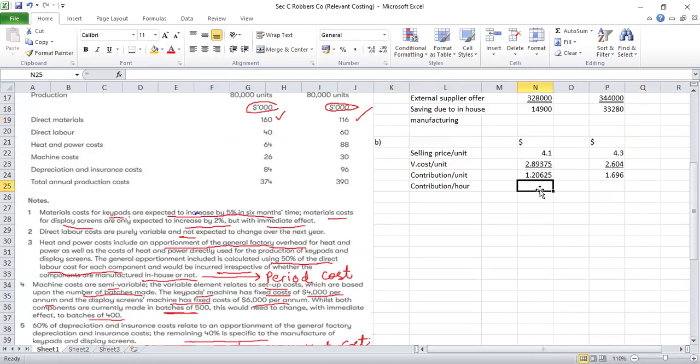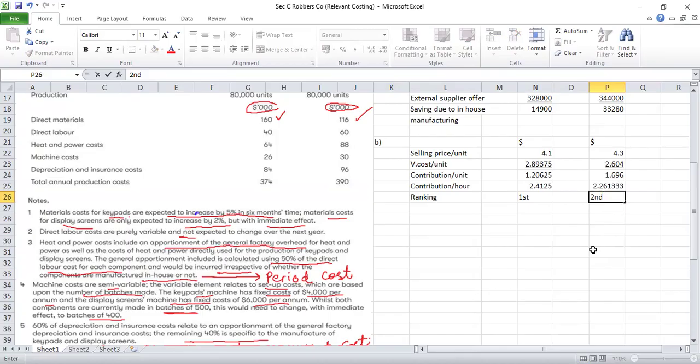So contribution per unit is divided by 0.5, and this one is divided by 0.75. Now we will perform ranking. Ranking says this is first, and this one is second. So this is the ranking.